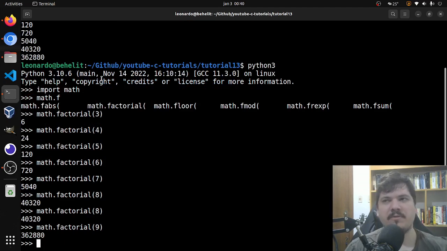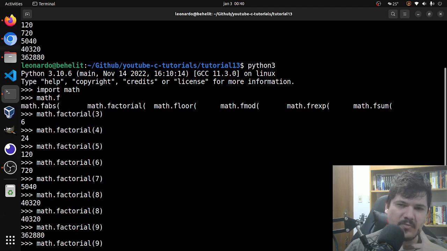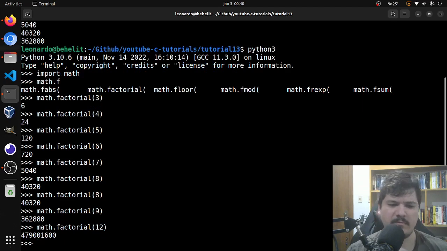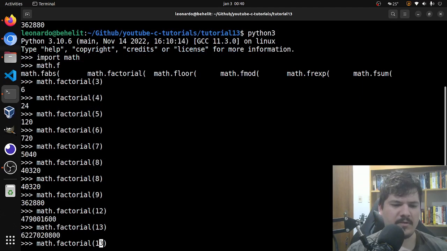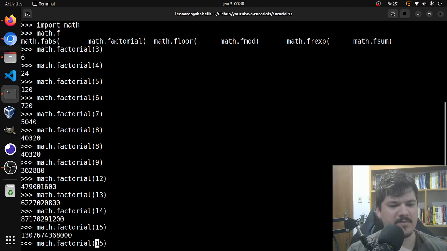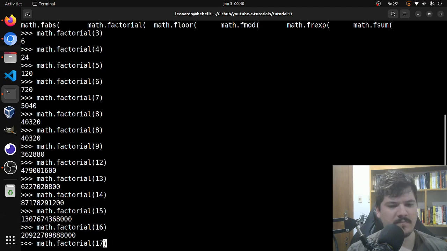on most computers and calculators it will crash when you try to compute a factorial such as 12 or 15, in most cases, 20 sometimes. So let's check it with Python. 13, yeah, we are getting there. 15, 16.